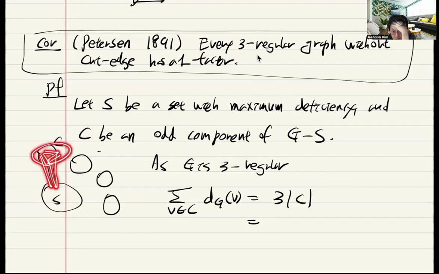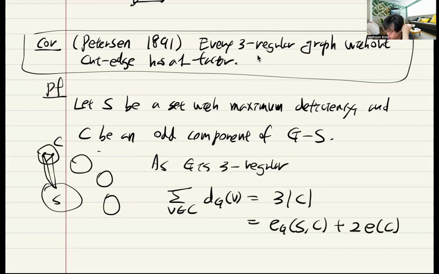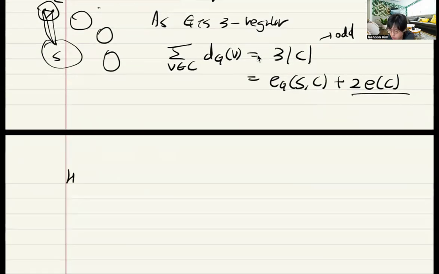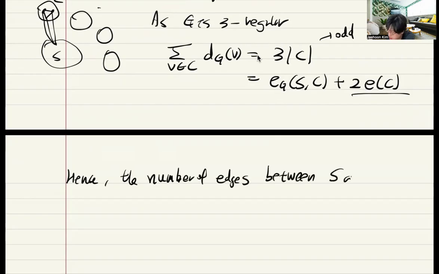All the edges within C are counted twice, and all the edges between S and C are counted once. So this is the number of edges between S and C plus twice the number of edges within C. That's odd, and twice the number within C is even. Hence, the number of edges between S and C is odd.